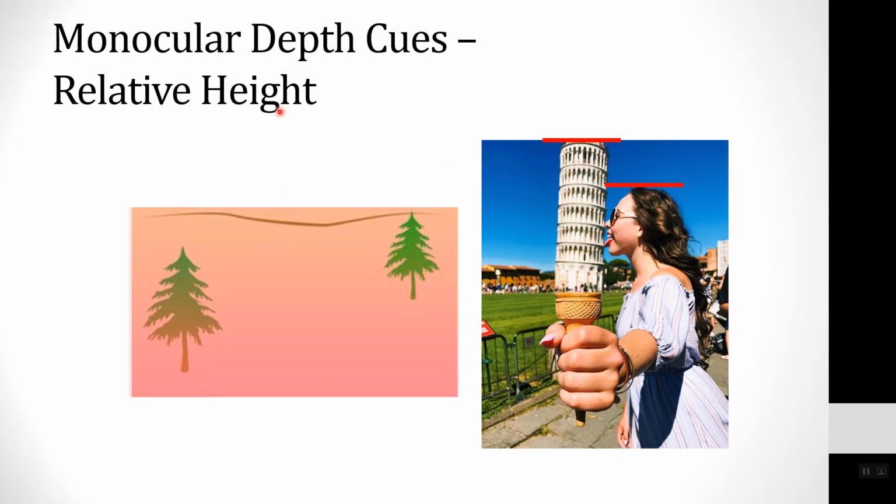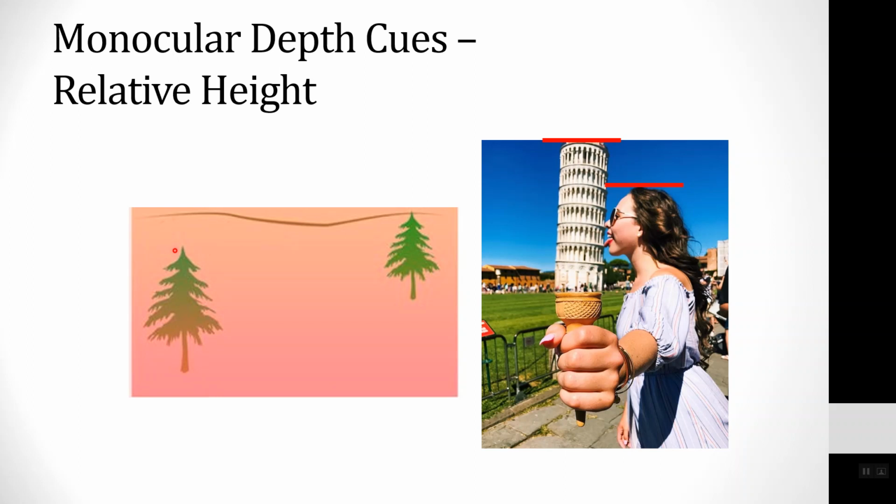Then there's relative height, okay? So this is where, when you're looking at a scene, let's say you're in the forest, right? You might notice that there's a tiny tree positioned up high, right? So you've got a tree that's got a height up here and one right here.